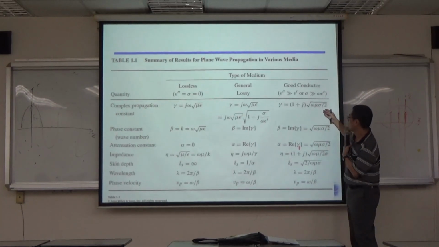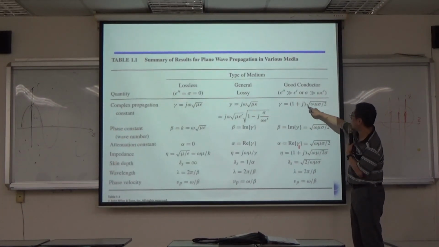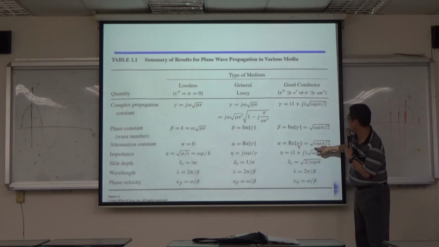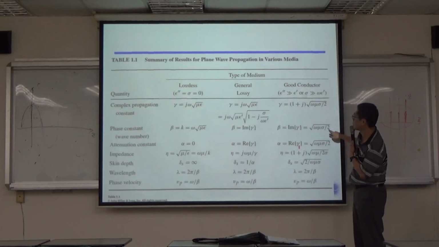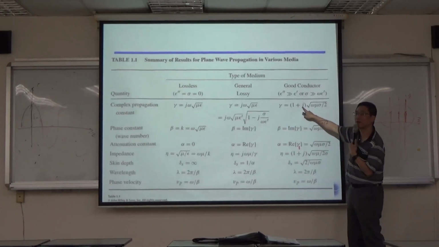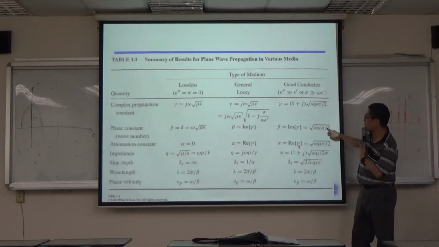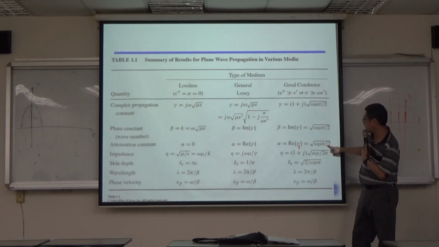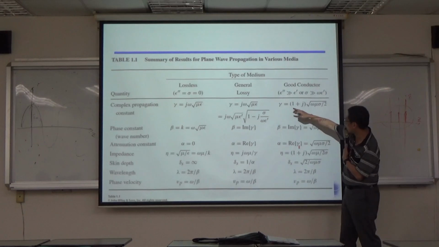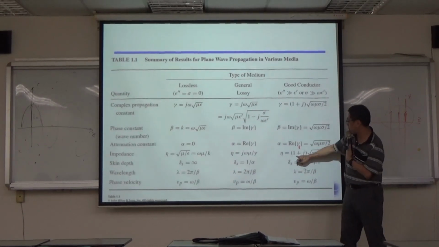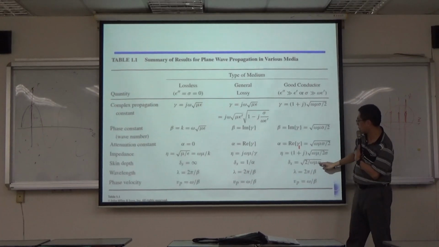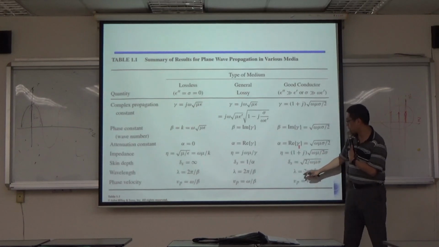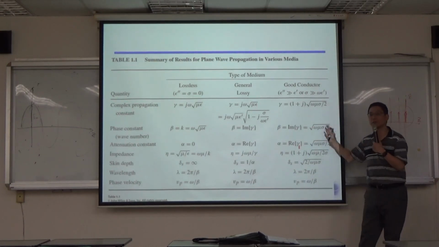Once you have this part, your real part is this term, and your imaginary part is also this term, because this is 1 plus j, right? So you have the same real part and imaginary part. And for your eta, you also put the gamma there and obtain this result. If you have alpha, you can obtain your skin depth, and the lambda is the same, Vp is the same. I think that's it.